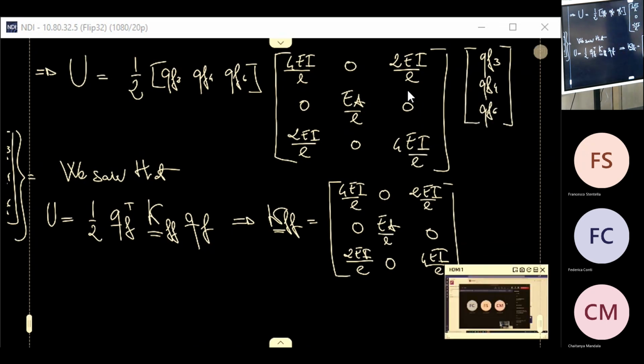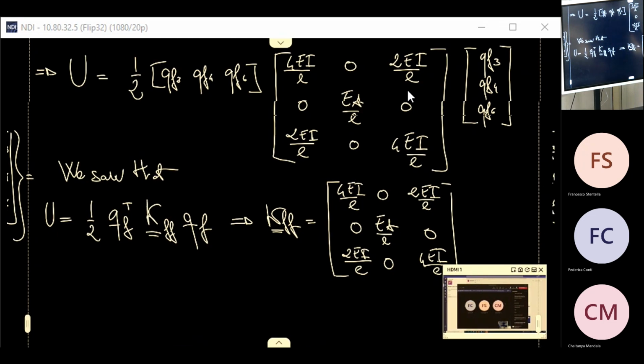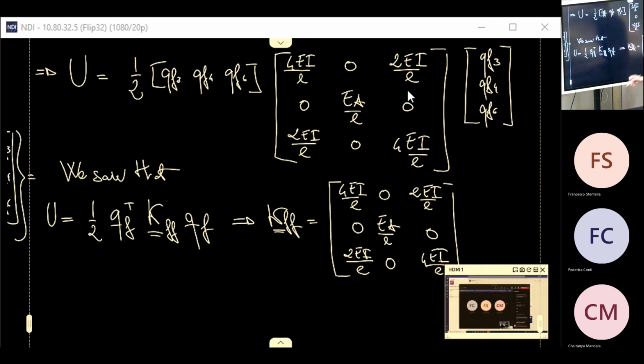There are also checks that you can do while you calculate these quantities to see if what you get actually makes sense or not. For example, look at this expression here of the strain energy.